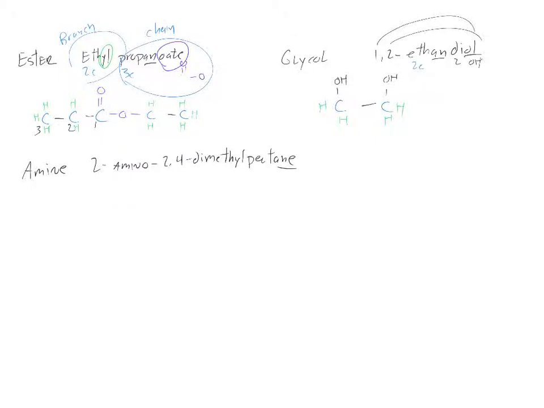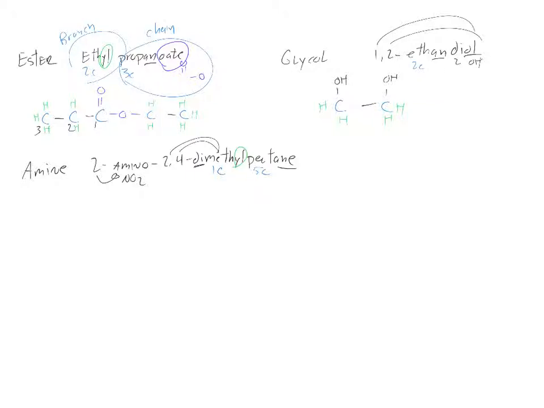The ANE tells me they're all single bonded. The PENT tells me it's 5 carbons long. The YL tells me I have a branch, and the METH tells me it's 1 carbon long. The DI tells me there are 2 of them. The 2 and the 4 tell me their location. The amino is the NO2, and the 2 tells me its location.